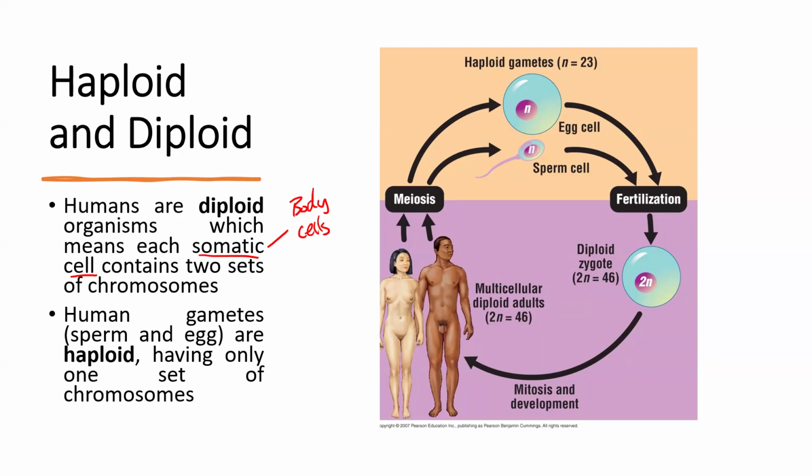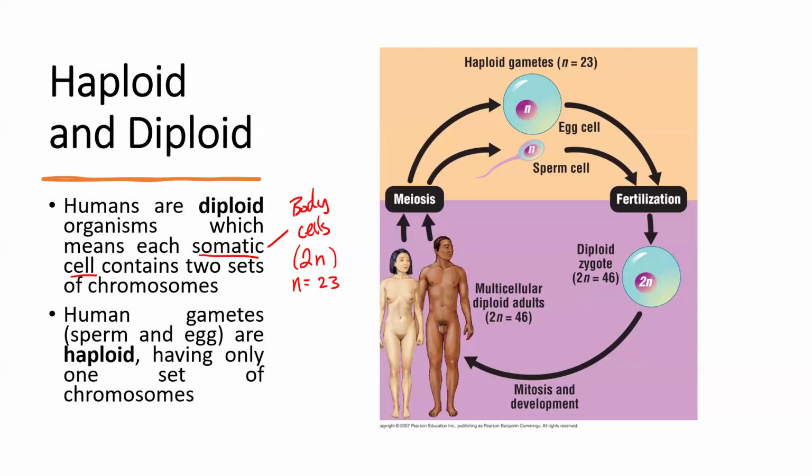They have 2 sets of chromosomes. So we say 2N, where N is 23. 1 set has 23 chromosomes. We have 2 sets. 2 times 23 is 46.